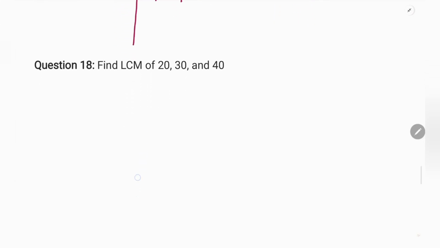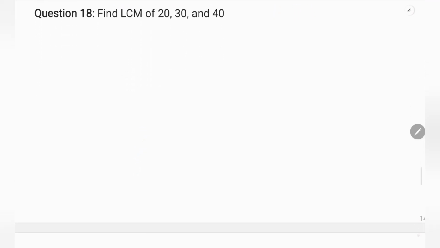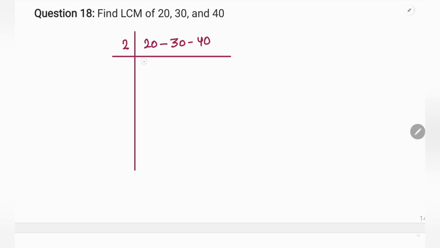After that, LCM of 20, 30, 40. You will write this, make this symbol, 20, 30, 40. I will draw straight lines, okay? So dividing by 2 gives 10, 15, 20.